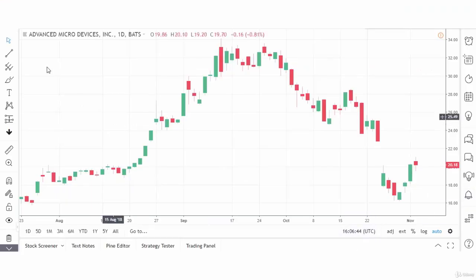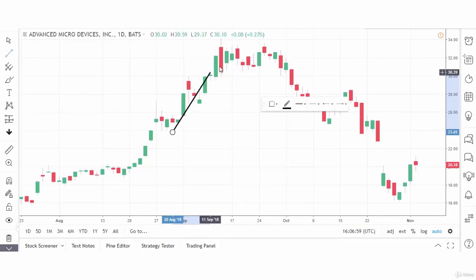Let's take a look at a double top. In the chart of Advanced Micro Devices, or AMD, we have the stock in a clear uptrend. It's moving up here. We have a pullback in the stock.